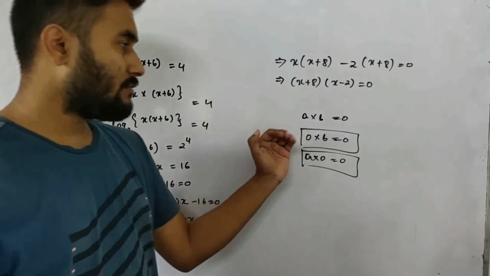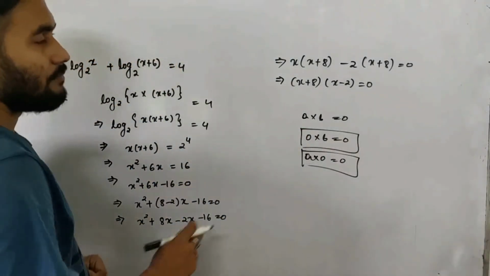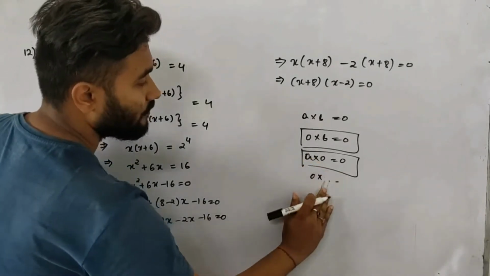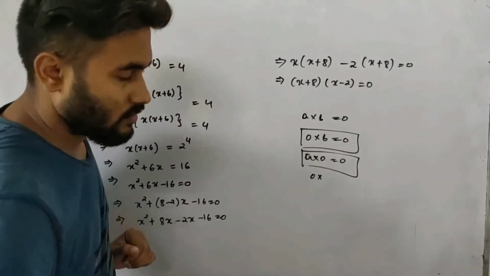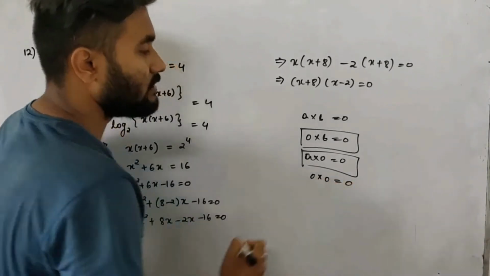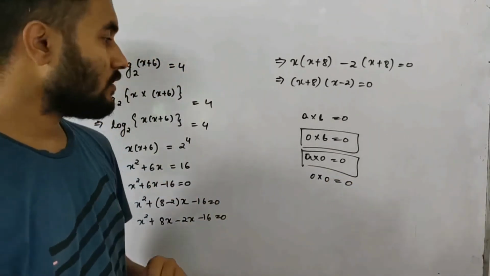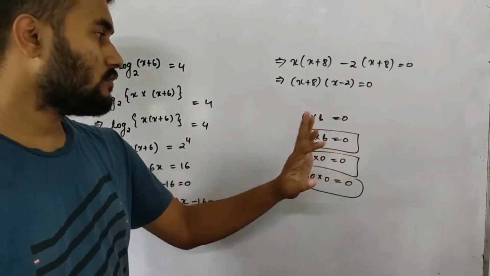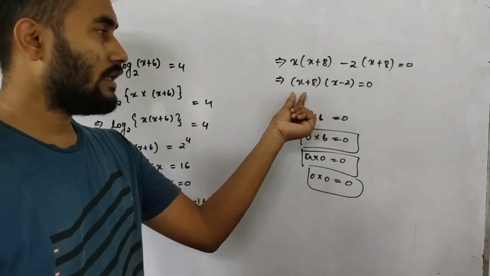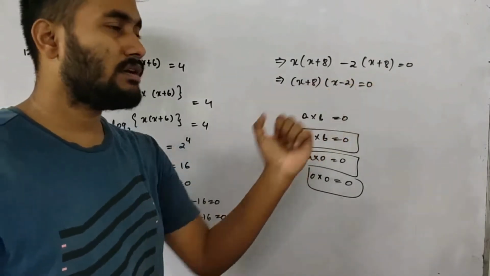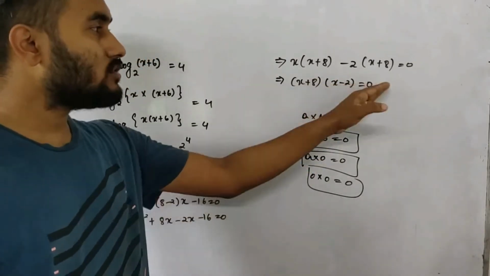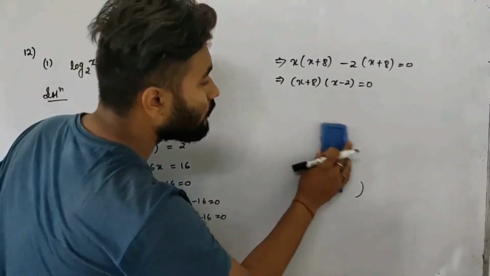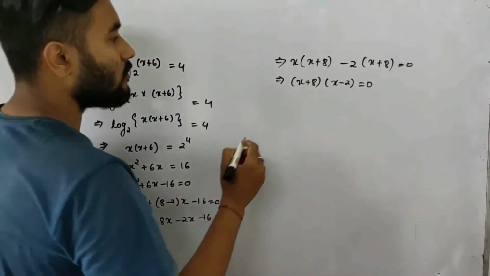Either A can be 0 or B can be 0, or both A and B are 0, and 0 into 0 is 0. So this will also happen. Now how to find the value of x? This thing you have not done.